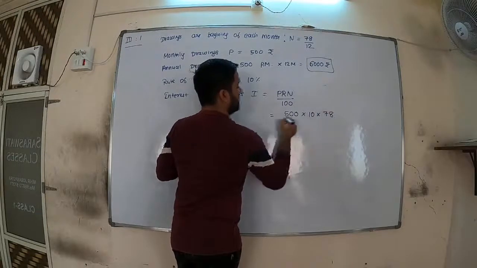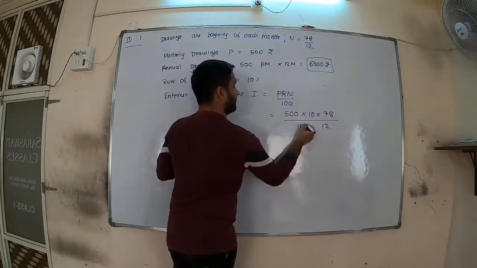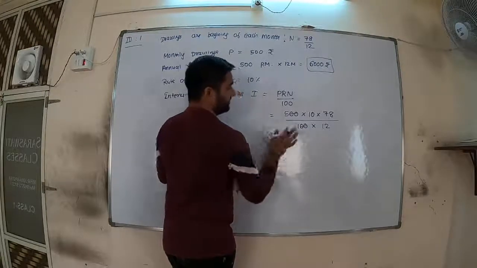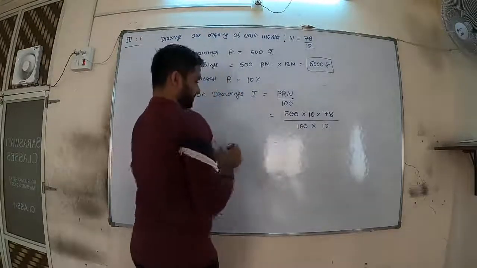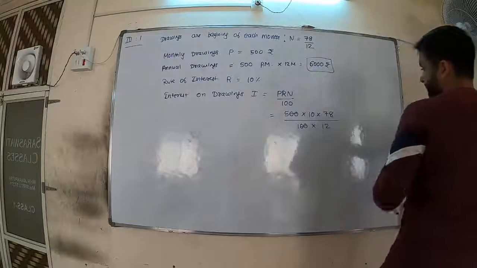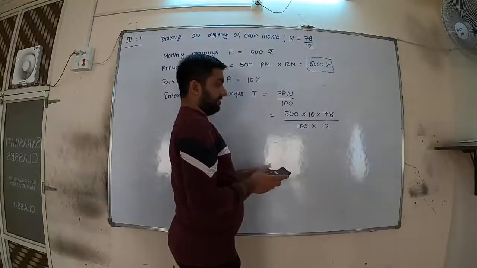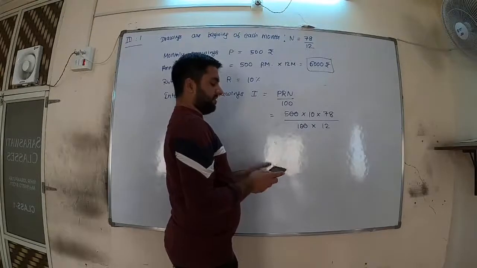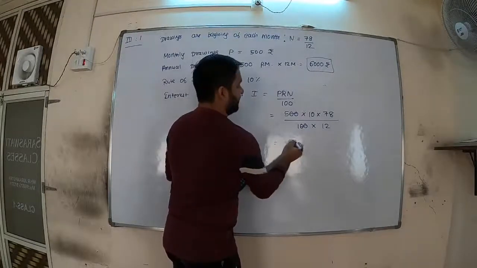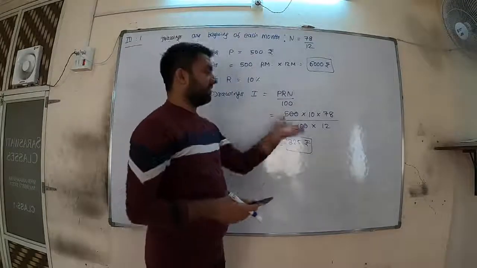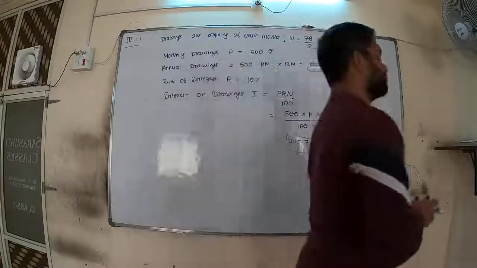N is 78 divided by 12, and 100. The zeros will cancel and the remaining thing we will solve. 5 into 10 into 78 divided by 12. Directly write 325. Or else don't cut the things, you can get the answer also.